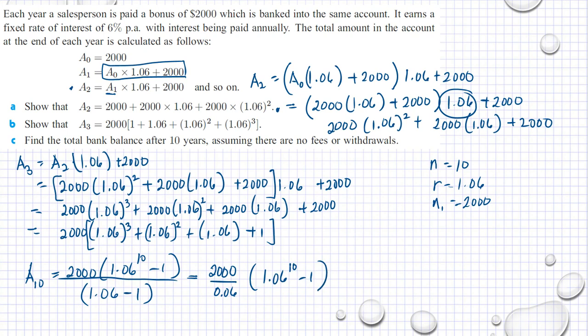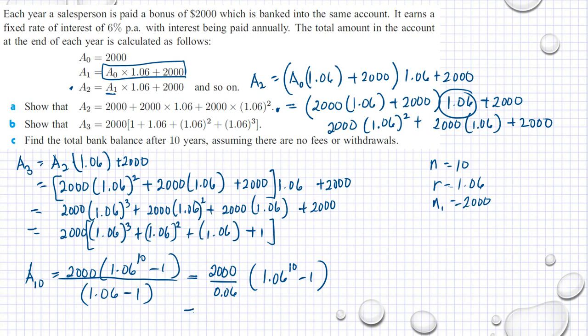If I'm going to use my calculator to solve that, 2,000 divided by 0.06 multiplied by 1.06 raised to 10 minus 1. Then I have 26,000.